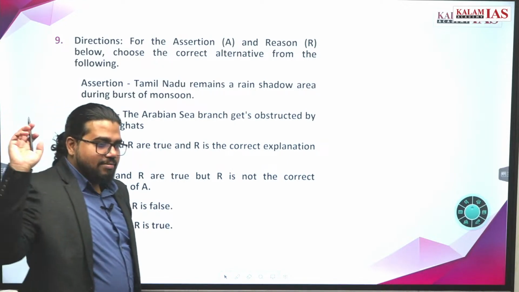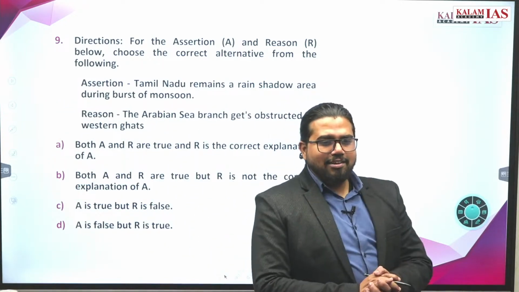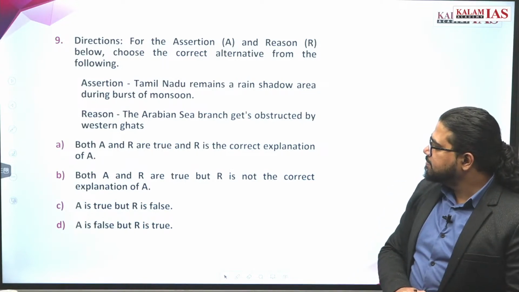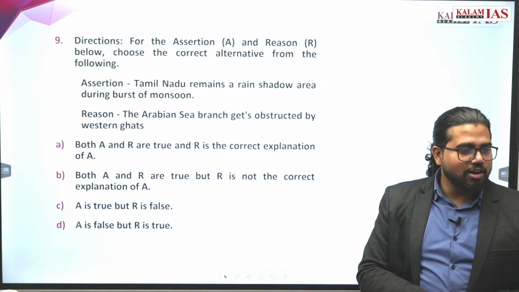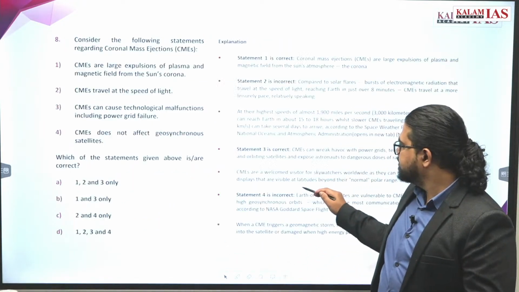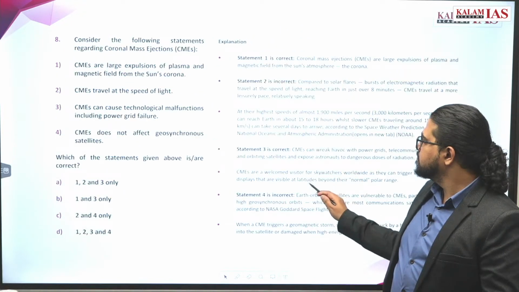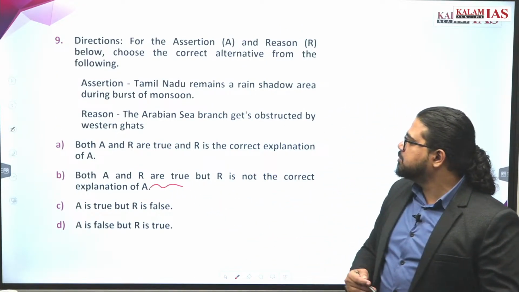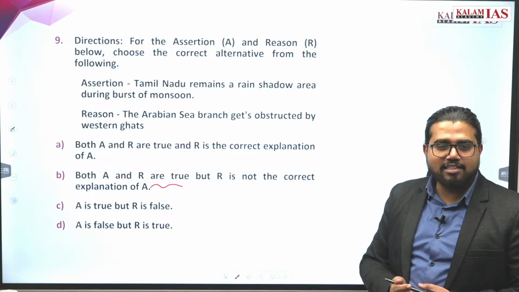Yeah, what is the answer? Enough, it's a very straightforward question. What is the answer? Who said that? What did you say? Both. You are saying the answer is B. Both are true, but it is not the correct explanation. Then what is the correct explanation?